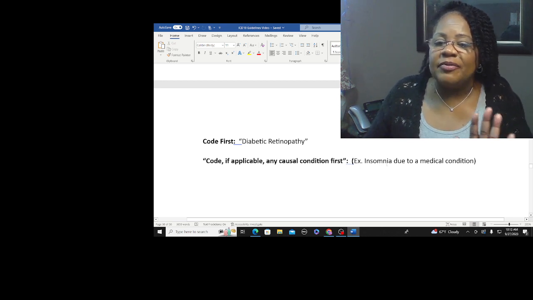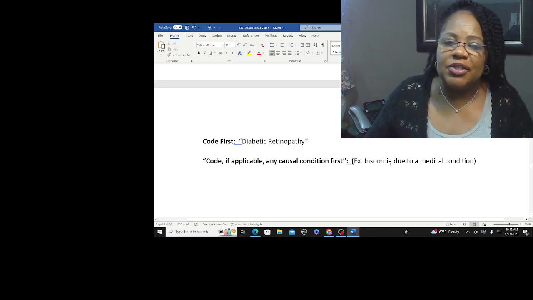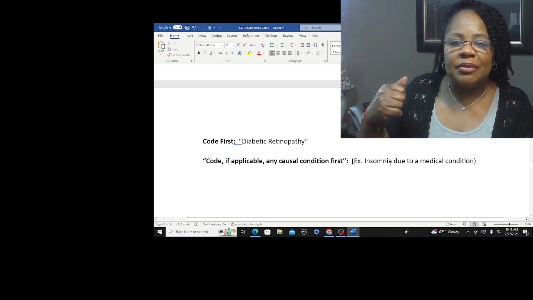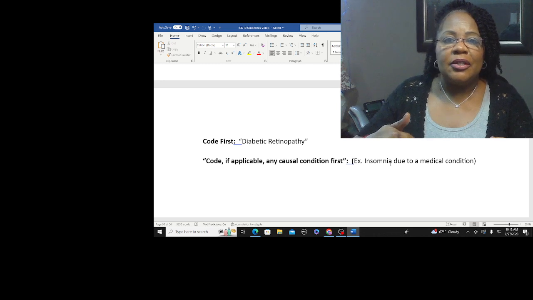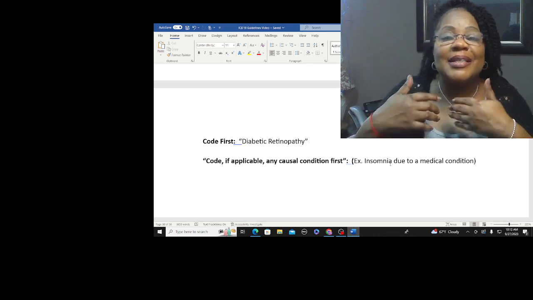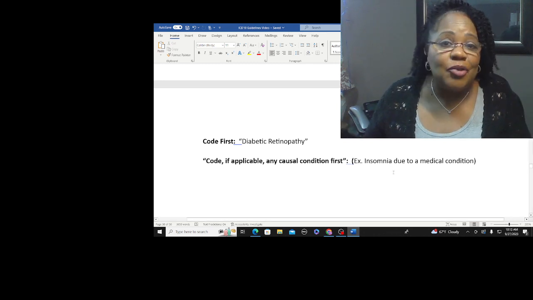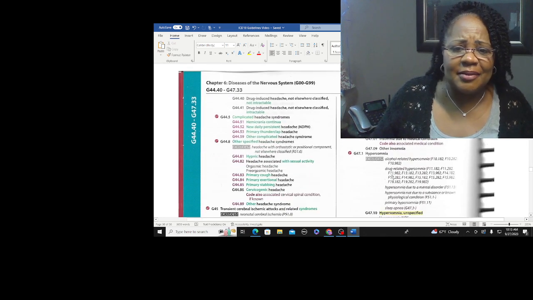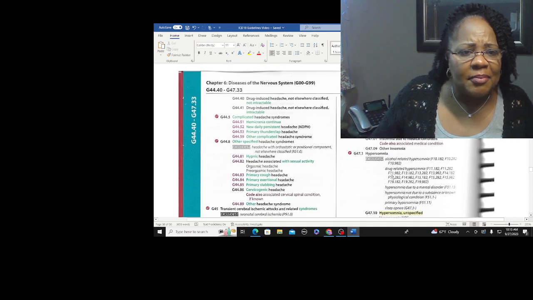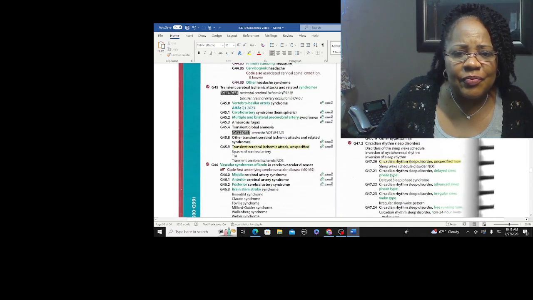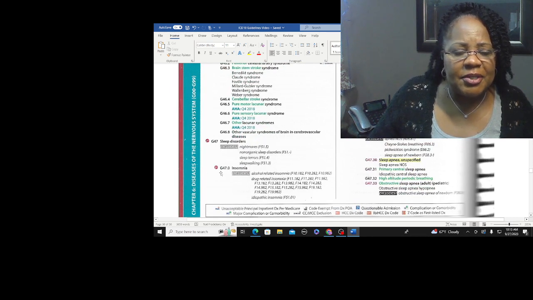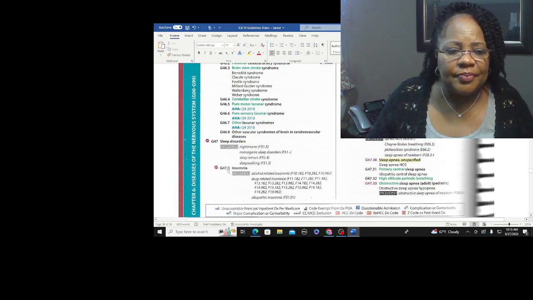I use the example of insomnia due to a medical condition. If you're unable to sleep at night due to another condition, then that other condition should be identified first, because that's the reason that today you have insomnia. Okay? Hopefully this makes sense. And when I look up insomnia, here it is, insomnia G47.0.